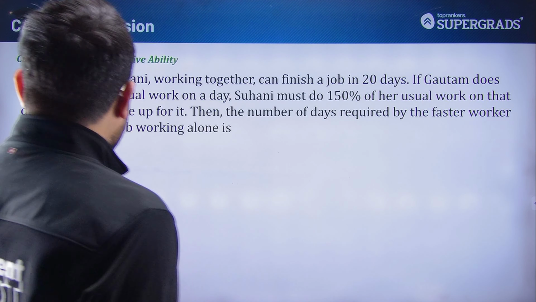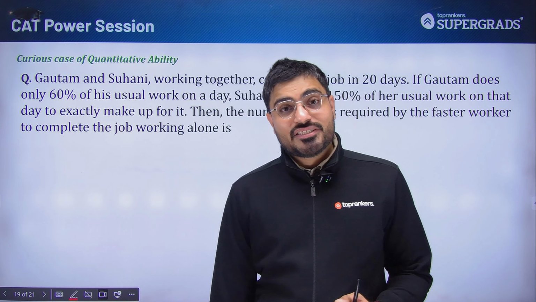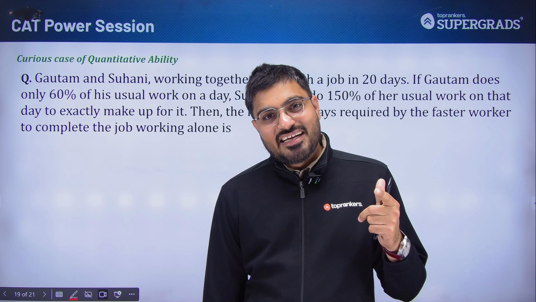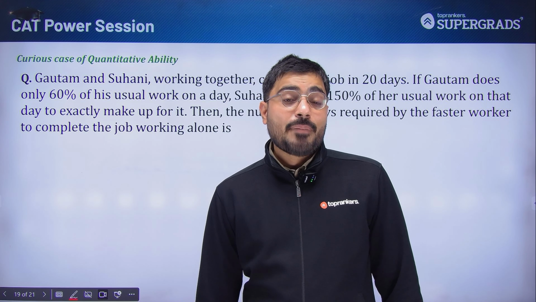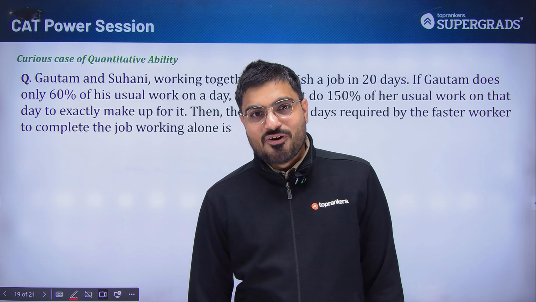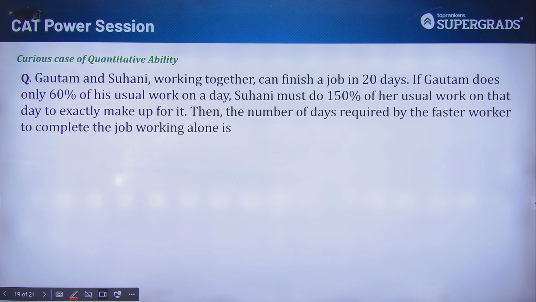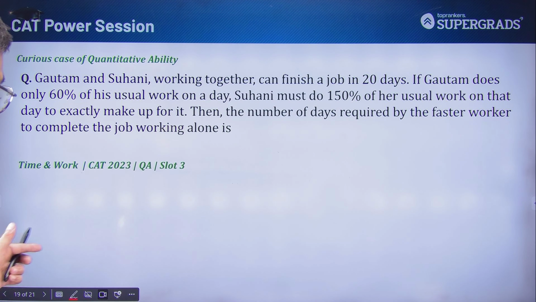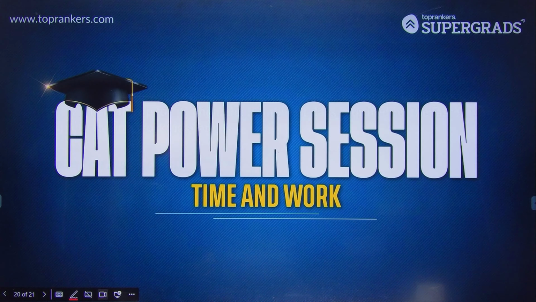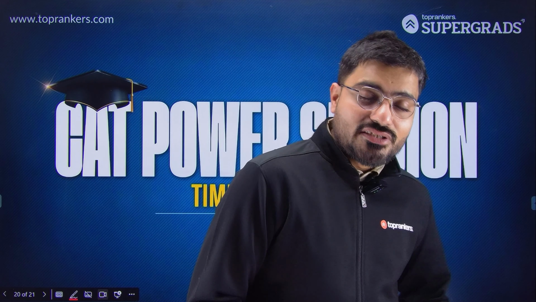Yes, this is a curious case of quantitative ability, and this question can be solved just like that. But for that you have to stay tuned for the power-packed session of CAT on QA. This is a question from CAT 2023 slot 3. If you are eager to solve this question, then do not forget to watch the next session, which is on time and work. Yes, CAT power session on time and work by Tapesh Saxena sir.